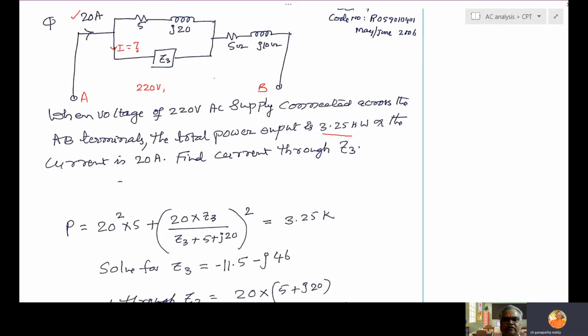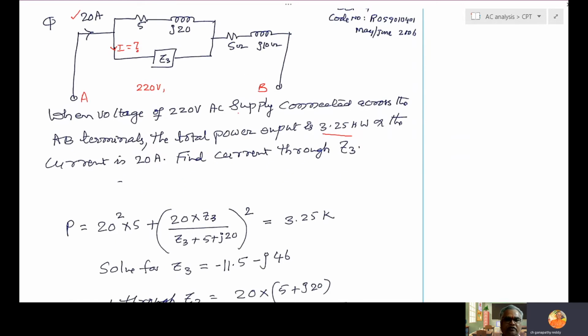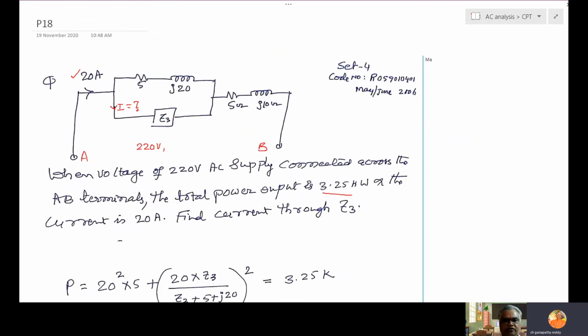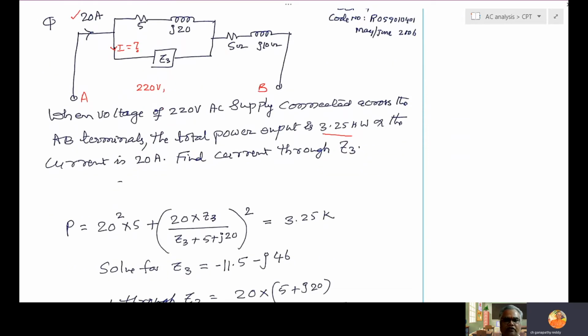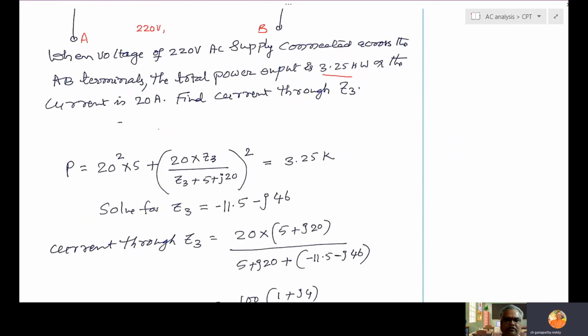Now total power is 3.25 kilowatt. Which will dissipate the power? This 5 ohm resistor can dissipate. Z3 also can dissipate because Z3 might be containing a resistor also. So we can't conclude that only this 5 ohm dissipates power. Z3 also can dissipate power.